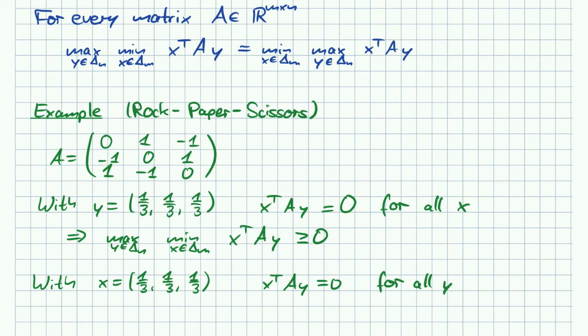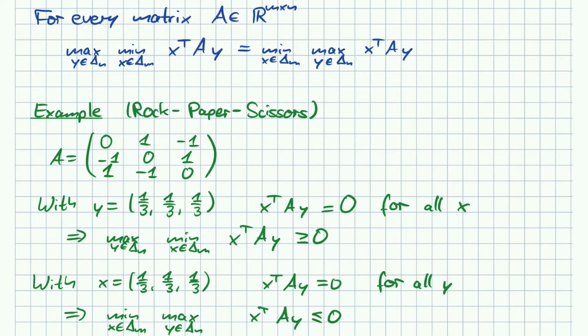Which means that the minimum of all X in delta M, max of all Y in delta N, X transposed times A times Y would be at most 0. Because maybe there is something smarter that one could choose here, but certainly with this choice of X, the row player can ensure that this will never be bigger than 0.